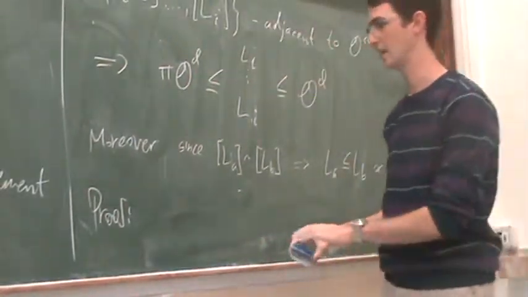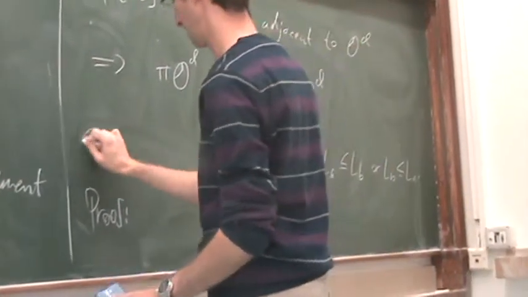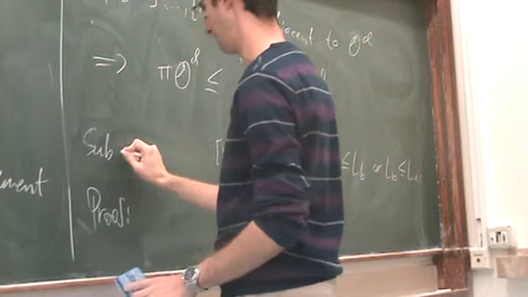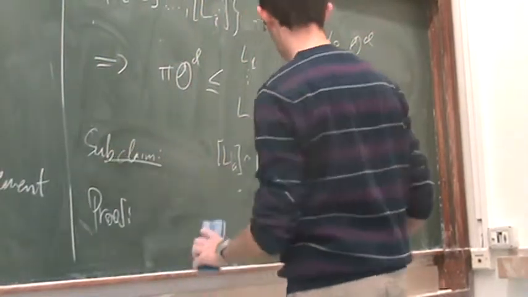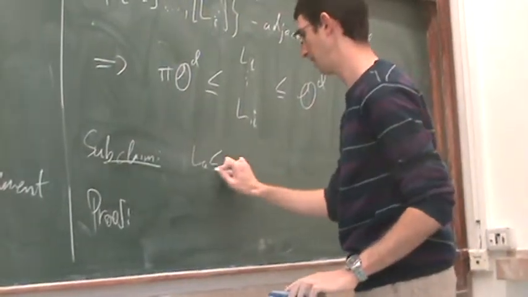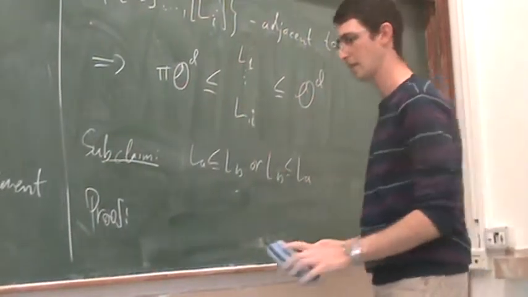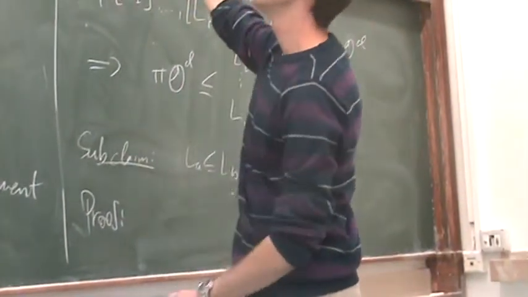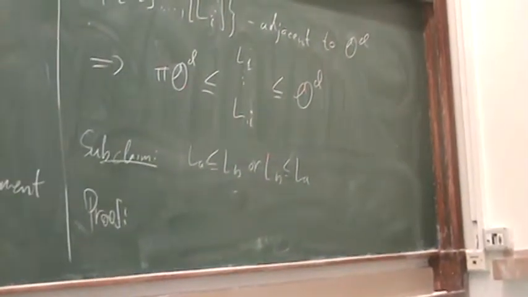Oh, this is like a subclaim. So, subclaim. L is less than or equal to A. So, let's continue this.